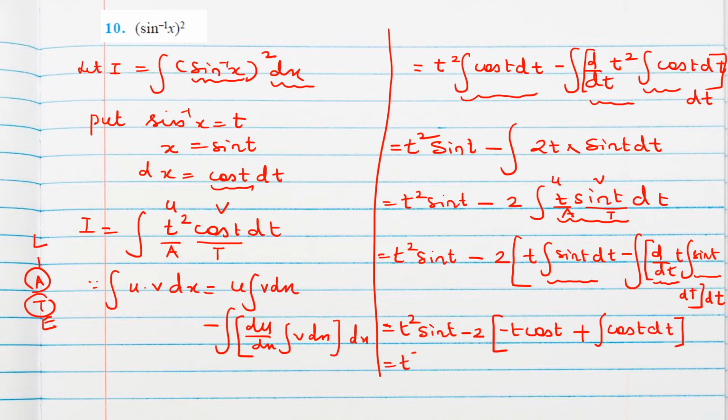So now we have t square sin t plus 2t cos t minus 2 integral cos t, which is sin t, plus c. Now this is a substitution, so we have to substitute the t value here. So after this we'll re-substitute.